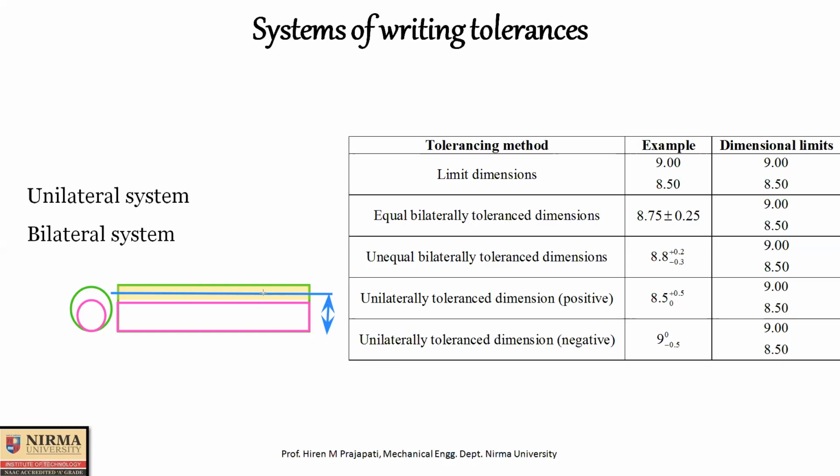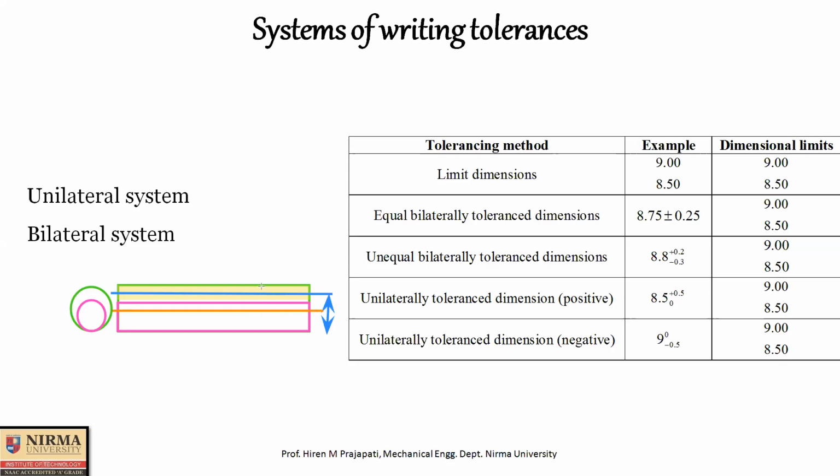If this yellow tolerance zone is split on both sides of the basic size, then that is called a bilateral tolerance. Now consider another line, this orange line, as the basic size line.